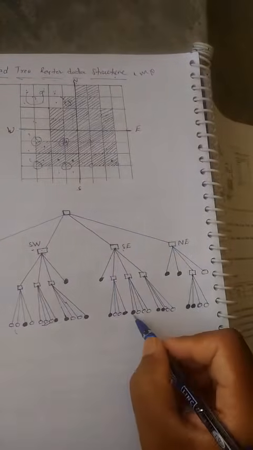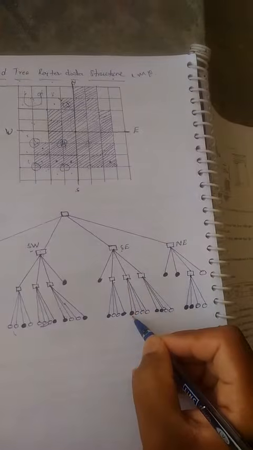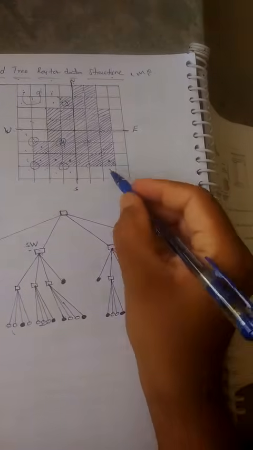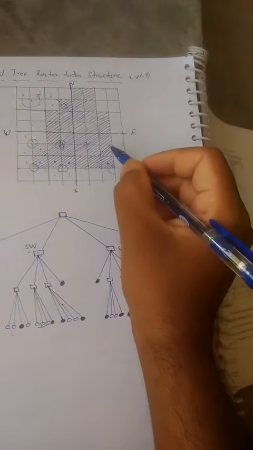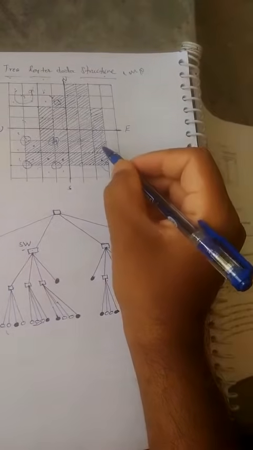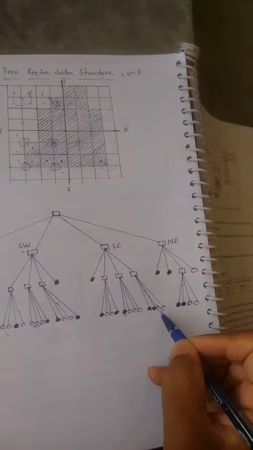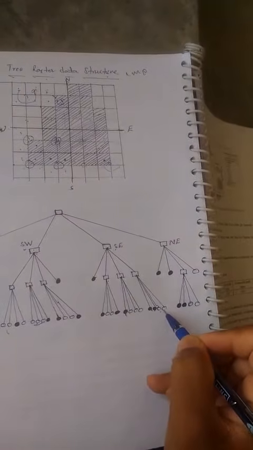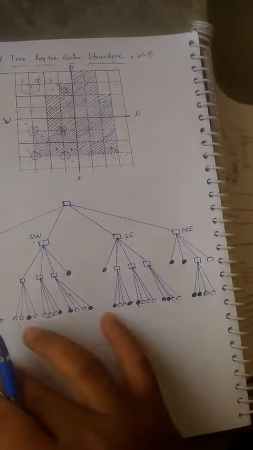If you take the fourth one, the first two are sharing the boundaries, and the remaining two are not sharing any boundaries. Similarly, northeast is also the same.